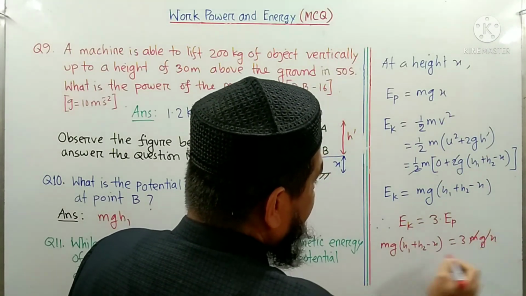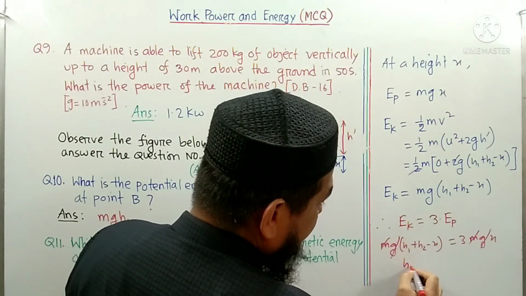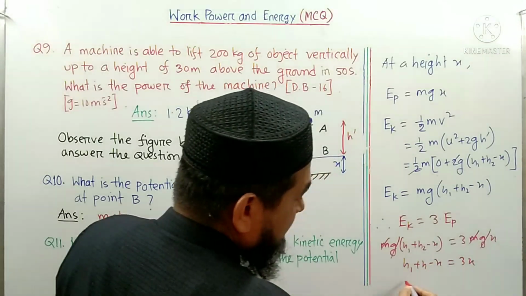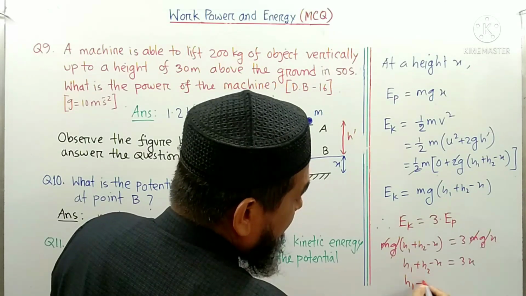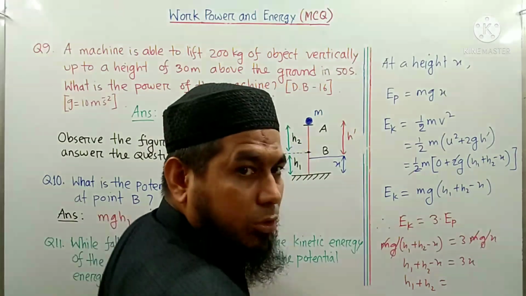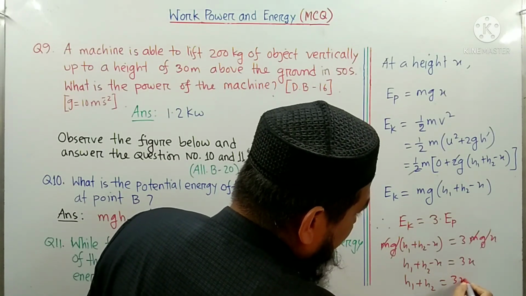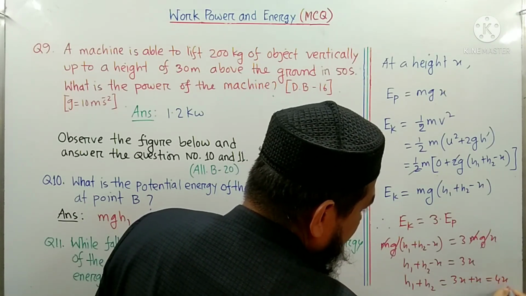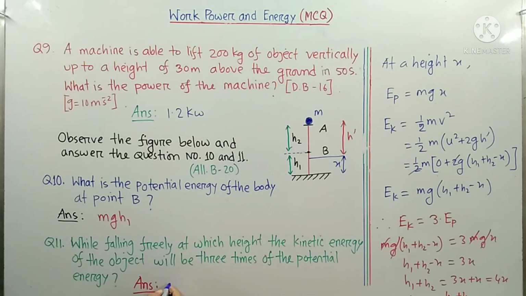So mg cancel. So we can write h1 plus h2 minus x is equal to 3x. So h1 plus h2 is equal to 3x plus x, equal to 4x. The value of x equals (h1 plus h2) divided by 4.